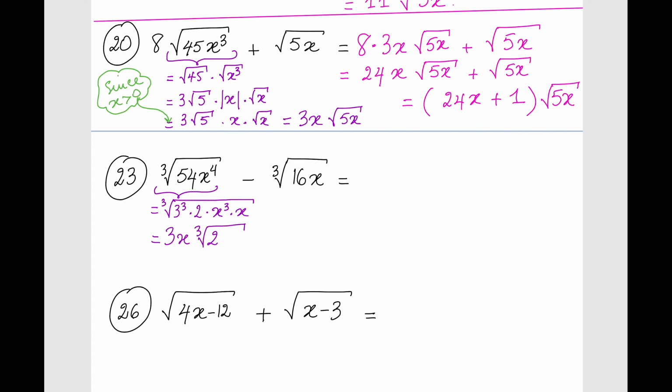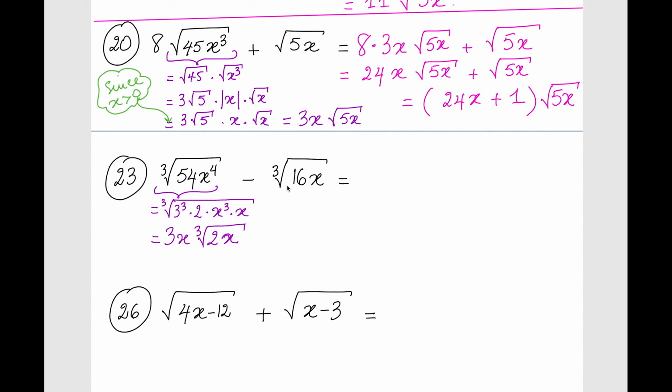Remember, the nth root of a to the n is the absolute value of a if n is even, and it's a if n is odd. In this case, it's odd because the index is 3. All right, and lastly, cube root of x times the cube root of 2 becomes cube root of 2x.